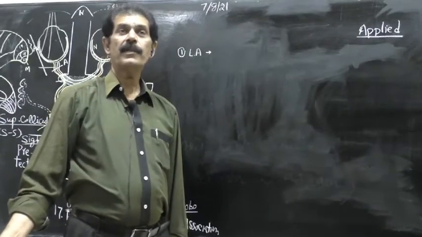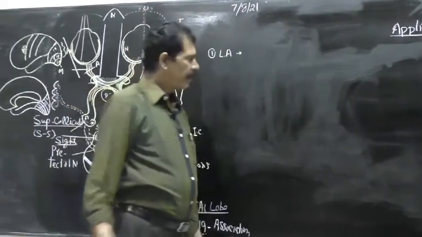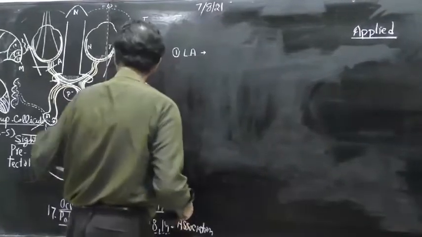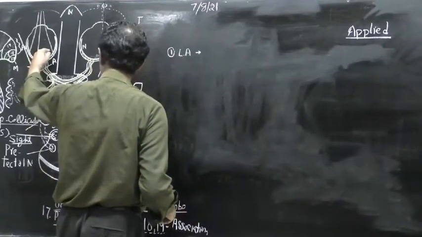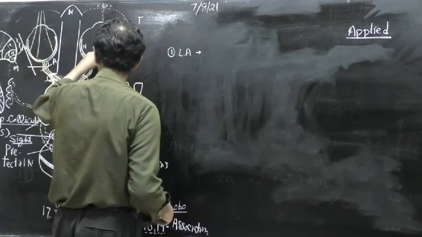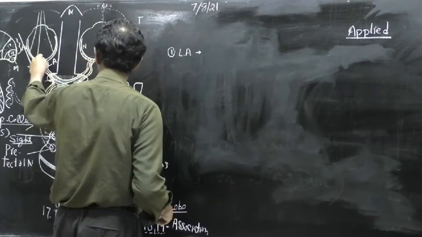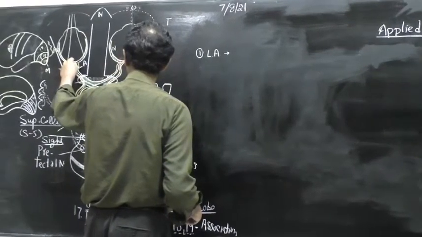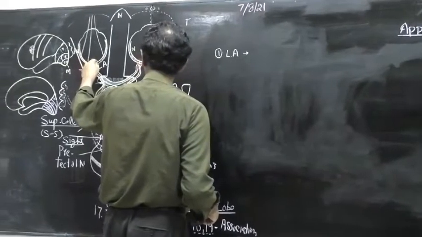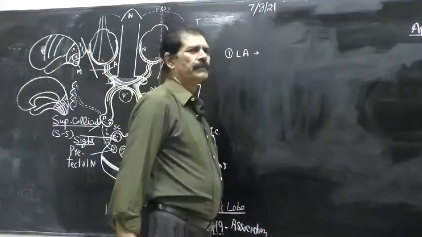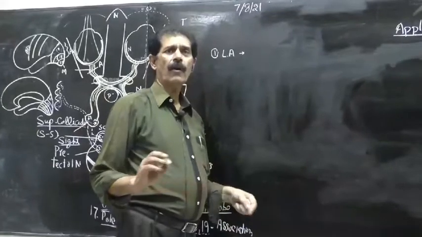So when the level of injury is A, here the optic nerve is cut, then both the nasal as well as the temporal vision of the eye are cut, and there will be no image formed.